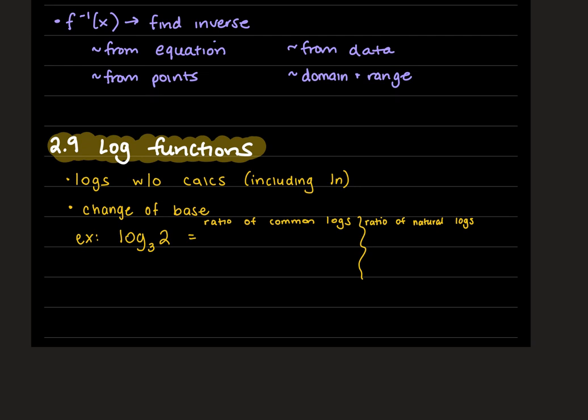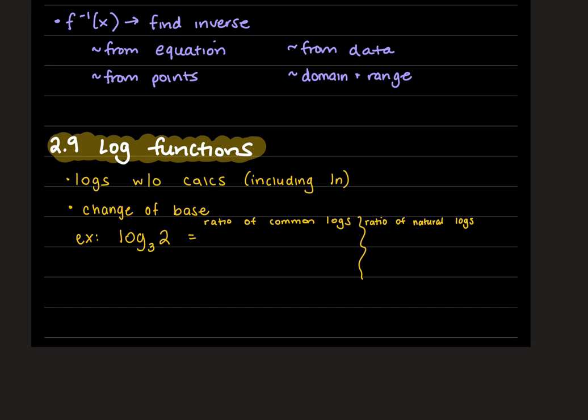Also we asked the question differently on your quiz. On the quiz I would have said like approximate log base 3 of 2. Now it's going to say write it as a ratio of common logs and a ratio of natural logs. So this was in last night's AP classroom. Remember the rule is that I can rewrite this log as a ratio of a log of any base of 2 over a log of any base of 3.